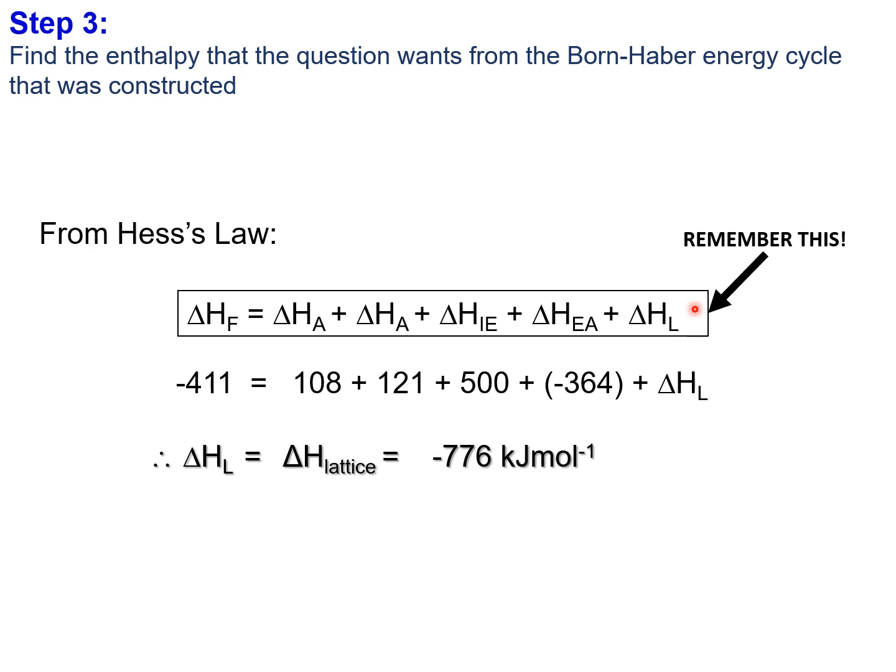Okay, and this is what we need to find. You just put in all of the information given, and then make the enthalpy of lattice the subject. And then you will get your enthalpy of lattice, with the sign, with the magnitude, with the correct value, and with the correct unit.